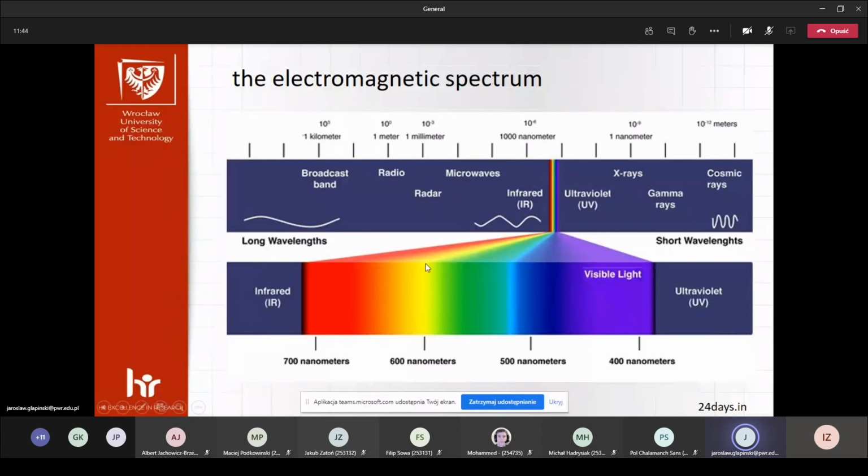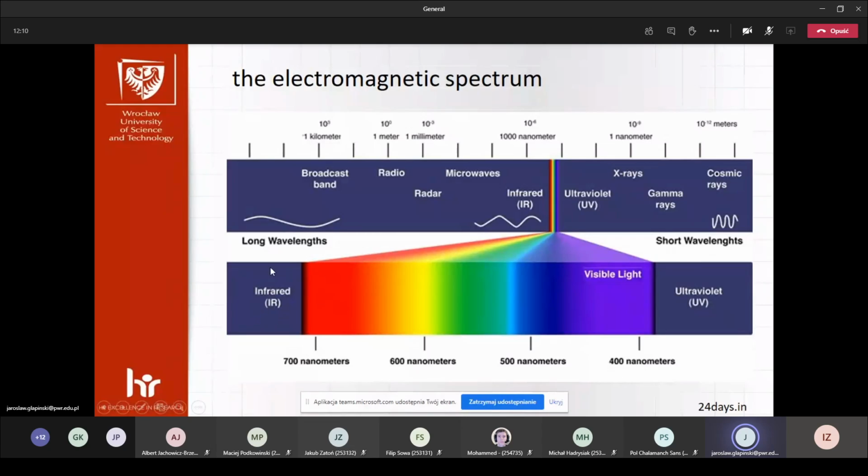We can say it's everything about the colors that surround us. So we are in a very narrow spectrum of electromagnetic fields, starting at more or less 700 and stopping at 400 nanometers. This is the wavelength of the electromagnetic waves.